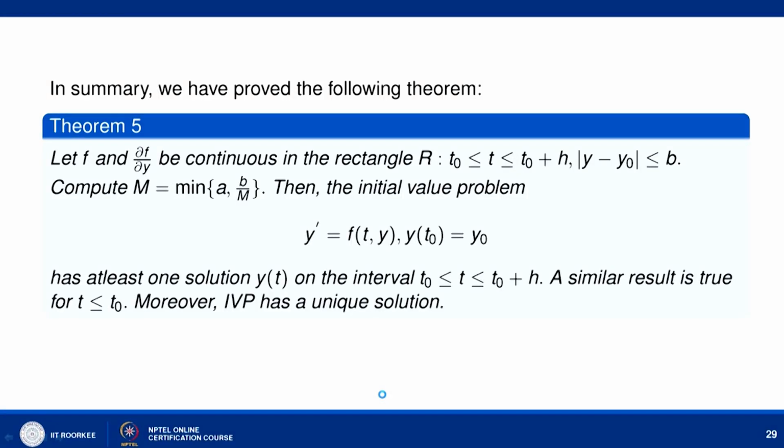That is what we have stated as theorem 5: let f and del f by del y be continuous in the rectangle R, where R is defined as t from t naught to t naught plus h, modulus of y minus y naught less than b, and we can compute m as minimum of a and b by M. Then the initial value problem y' equal to f(t, y), y(t naught) equal to y naught has at least one solution y(t) on the interval t naught to t naught plus h, and we have also shown that it has a unique solution.